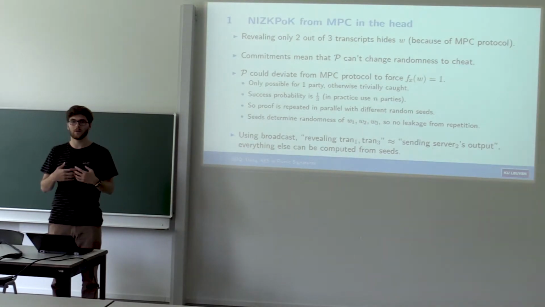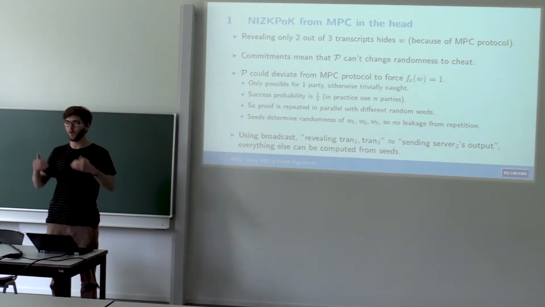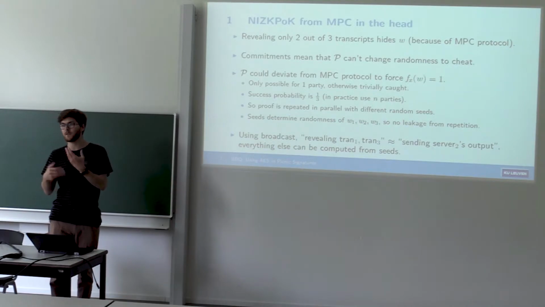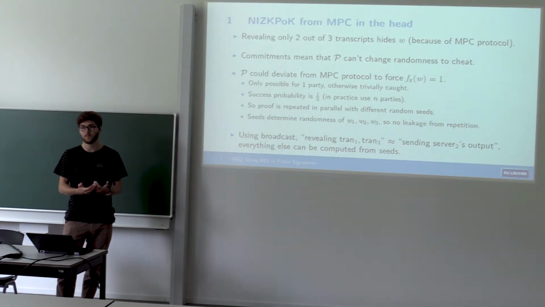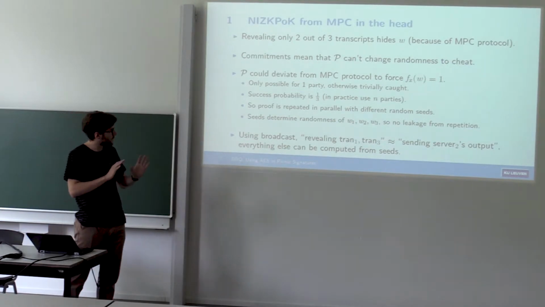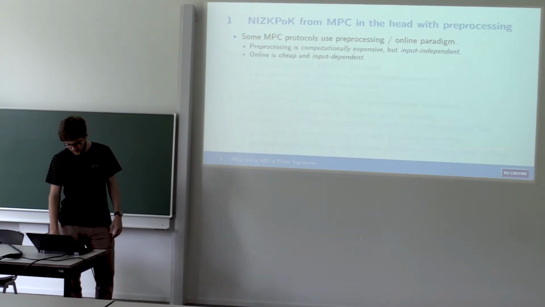So when the verifier gets the proof, it will contain the seeds of servers 1 and 3, so he can recompute all of their computation, because everything comes from the seeds. And it will also include the messages sent by server 2, because these are the only things he cannot recompute. And so this is how we kind of minimize what we have to send.